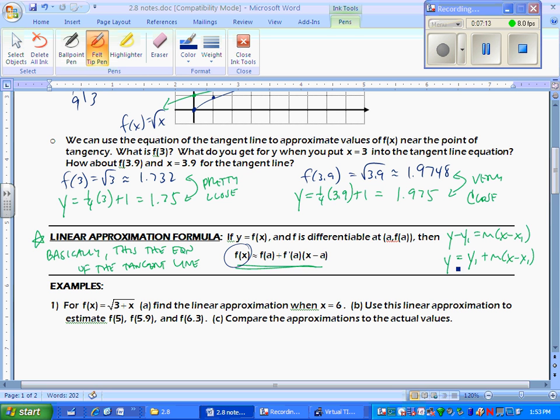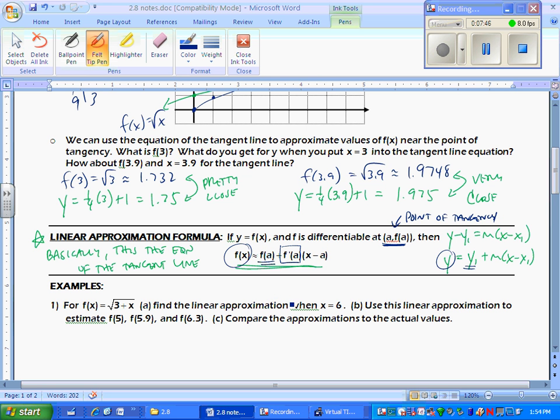So f of x is like our y value. F of a, well, that's the point. F of a is like the point of tangency. So that's the point of tangency where the line is tangent to the graph. So f of a is just that y value at the point of tangency. The derivative of f of a, that's the slope at the value a.